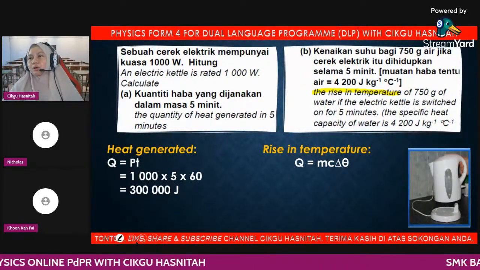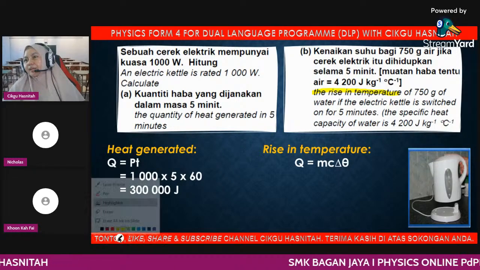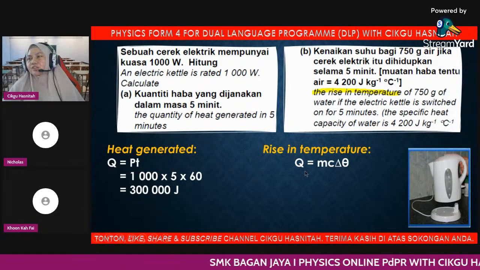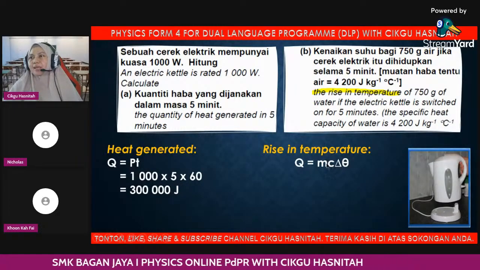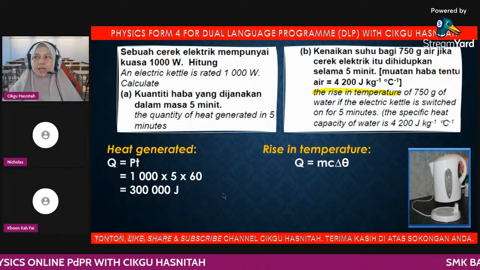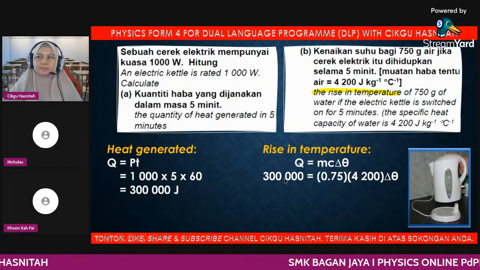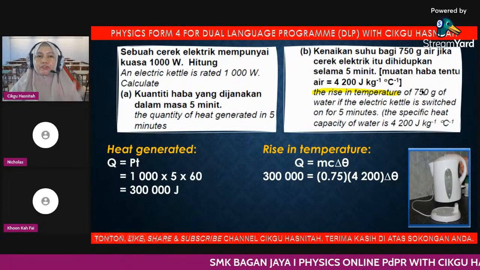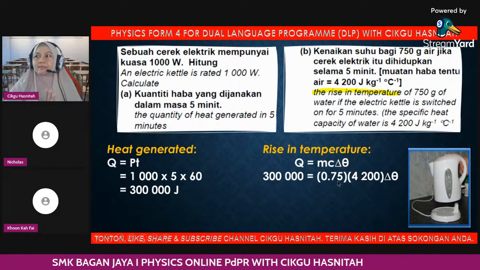So how to solve this? We have determined the amount of heat required from the previous question. So we use Q equals mc delta theta, where Q also equals Pt. Q is 300,000. For the mass, again, don't forget to convert into kg, 0.75.